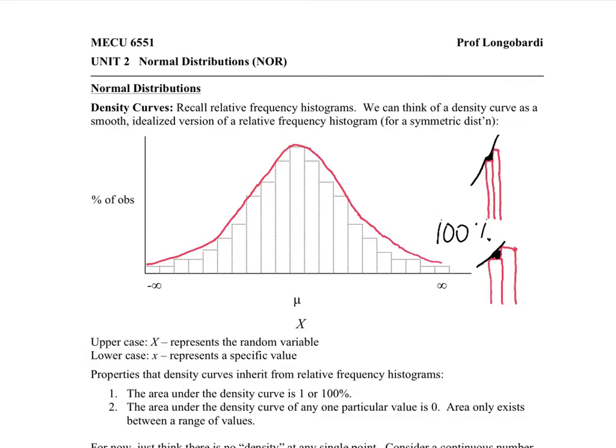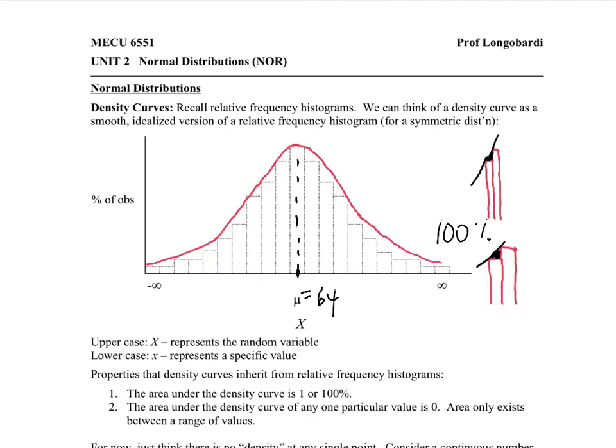So let's say we were to speak of women's heights, and I prepared my examples in inches. So let's say the mean is at 64. So the population mean would be 64, and that would be right in the center, let's say. And I'm going to divide the density curve in half exactly.